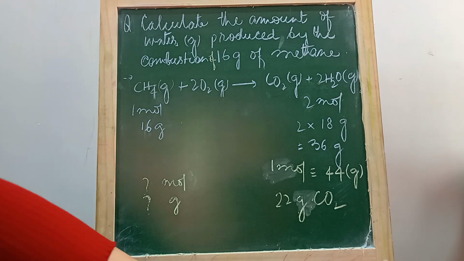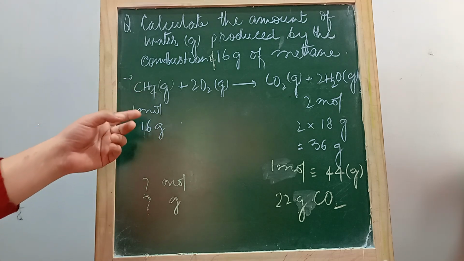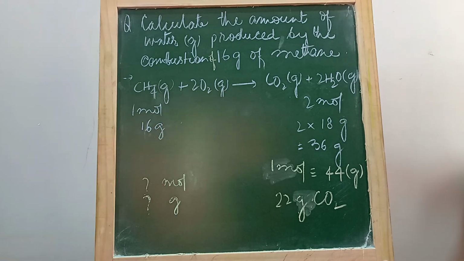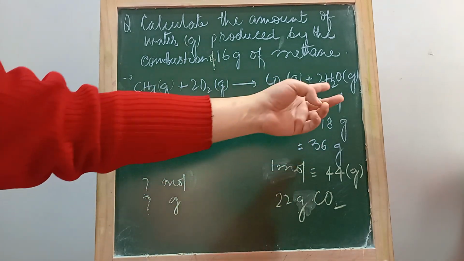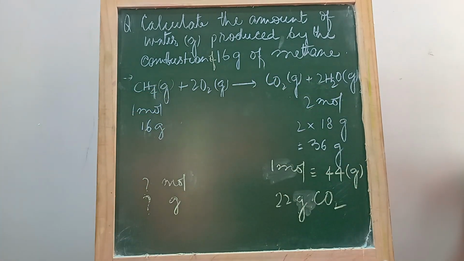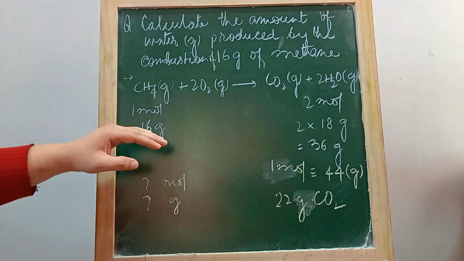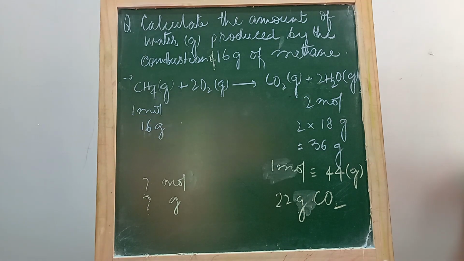The molecular mass of methane is 16 u, right? Converting to molar mass means you just write g instead of u, so it becomes 16 gram. Similarly, the molecular mass of water is 18 u, so molar mass will be 18 gram. So when we burn 16 gram of methane, 36 gram of water vapor will be formed.